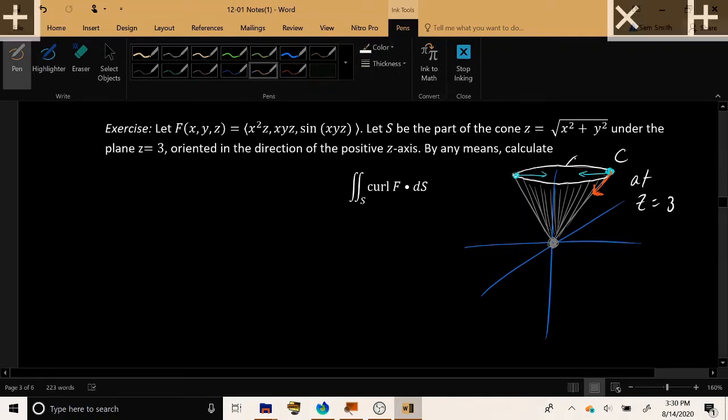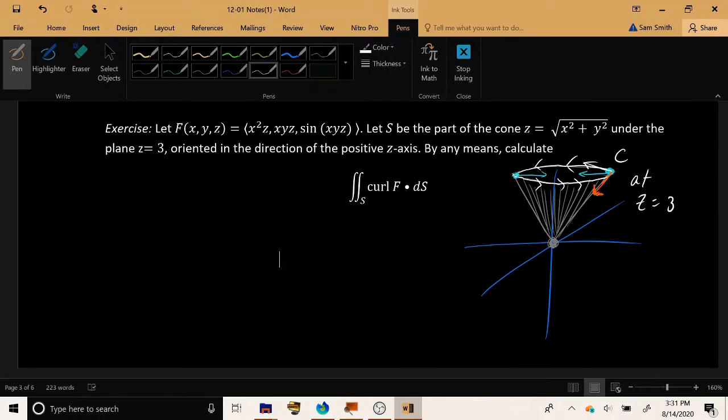And if we move in the direction indicated by the arrows that I am drawing now, along the curve C, then indeed the red arrow pointing toward the surface will be on our left side.